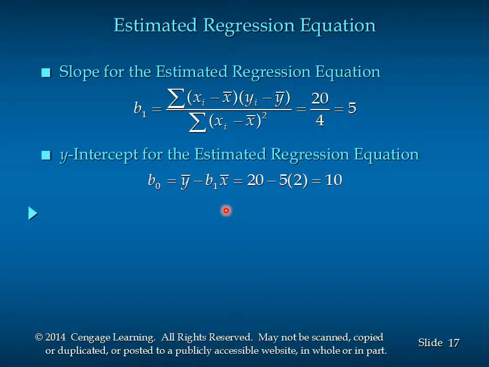That's right. Y is equal to 5x plus 10. It's the same thing you've learned for 10 or 15 years. The only difference is we're calling the Y-intercept B sub 0 and the slope B sub 1. So instead of M, we're calling it B sub 1. Instead of A, we're calling it B sub 0.